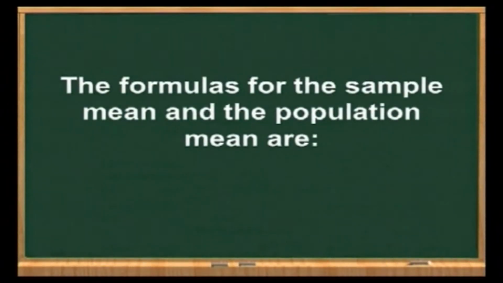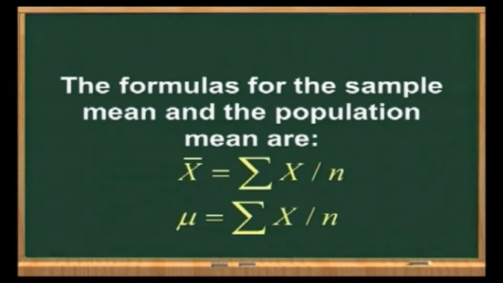The formulas for the sample mean and population mean are: x bar, the mean for samples, is sigma x by small n. Mu is equal to sigma x by capital N, or the number of cases. Operationally, the two formulas are identical.